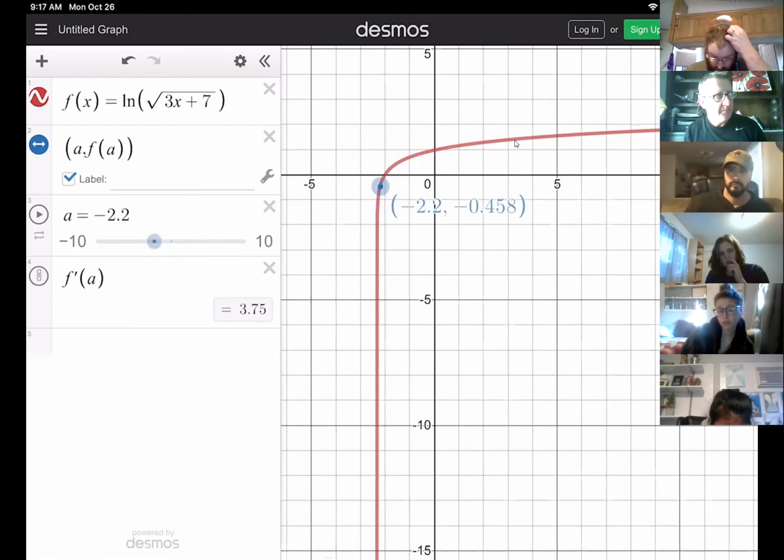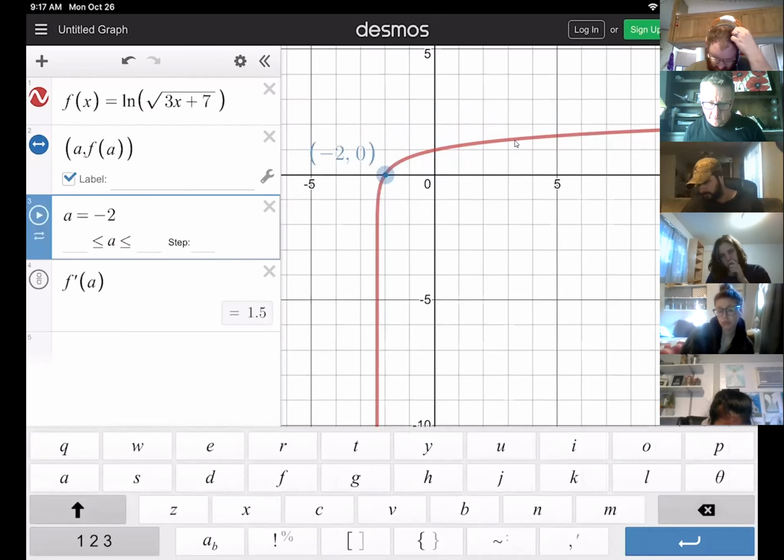And so there I am. Let's go to -2, just because it's a nice whole number. I go to -2 and the slope is 1.5. So what I'm wondering, that I just can't even believe is true, is, I took a picture of that screen. I got to get it back up.